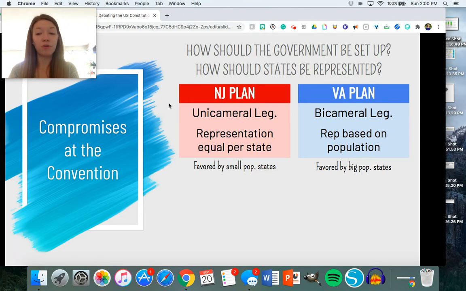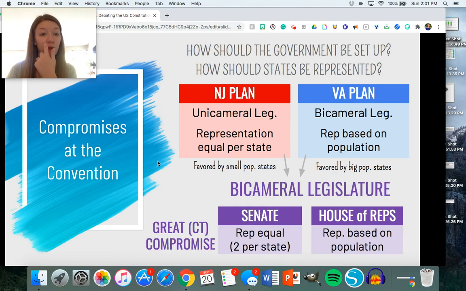And this is going to be favored by your bigger states, the more populous states, because they believed that they deserved a stronger voice in making national policy decisions because there were more people, right? It's about proportion. Now, these plans are going to end up being merged into one of the best known compromises at the convention. And this shapes how our legislative branch is really set up. And this becomes known as the Great Compromise or the Connecticut Compromise.